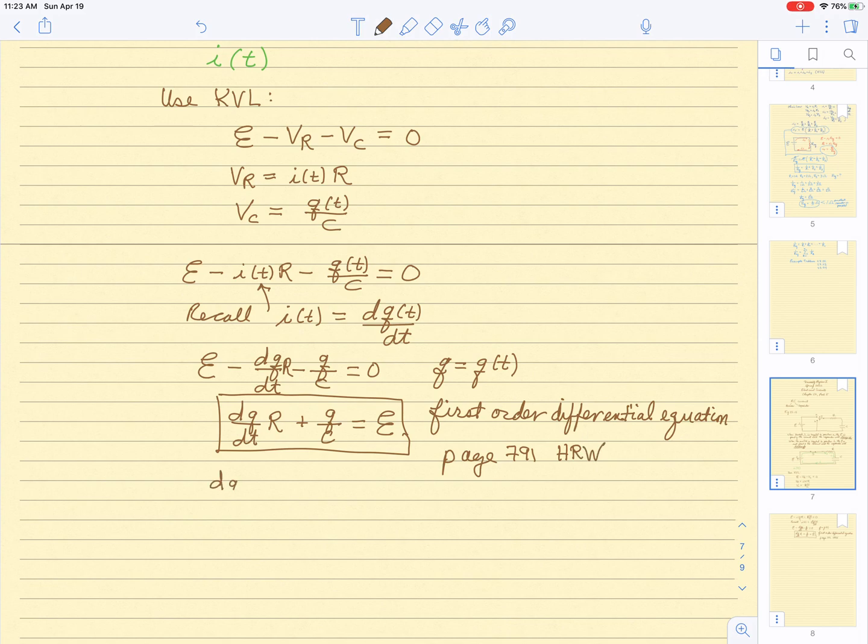So this would be dq/dt plus q over RC is equal to E over R. And so the solution to this differential equation then is going to be q as a function of t is equal to C times E times (1 minus e to the negative t over RC).